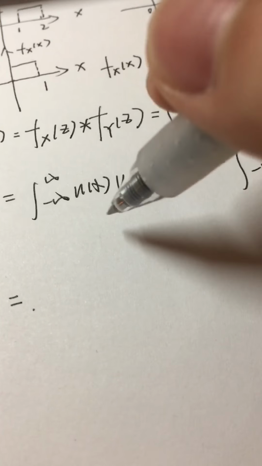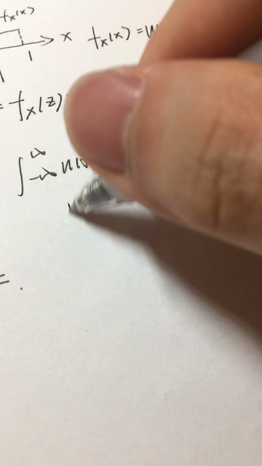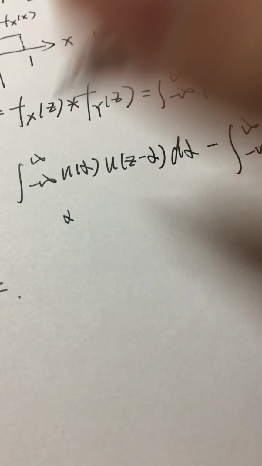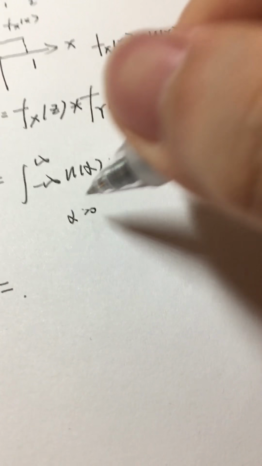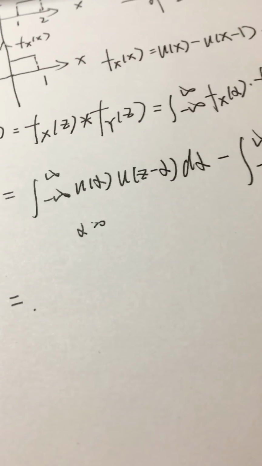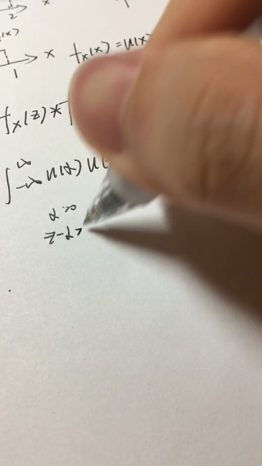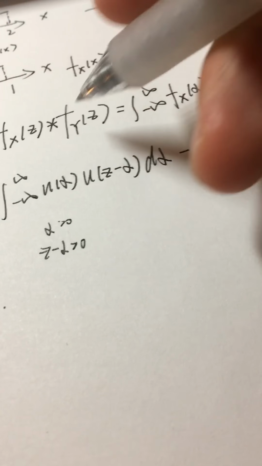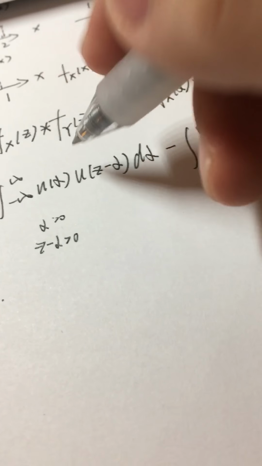and we can write this equation when alpha is greater than 0 and z minus alpha greater than 0, and these two parts we will get the result 1.